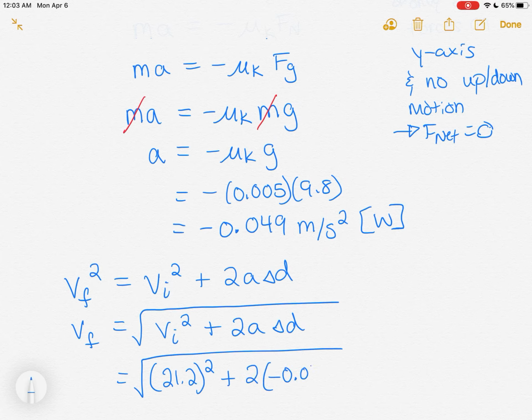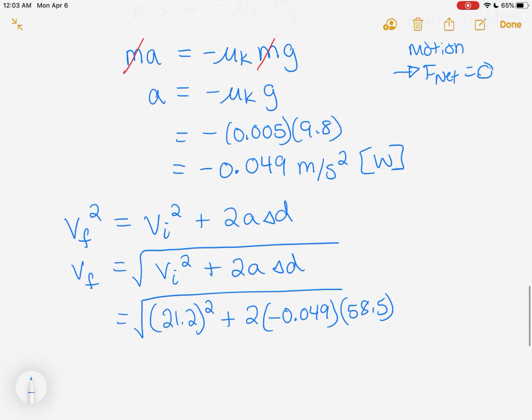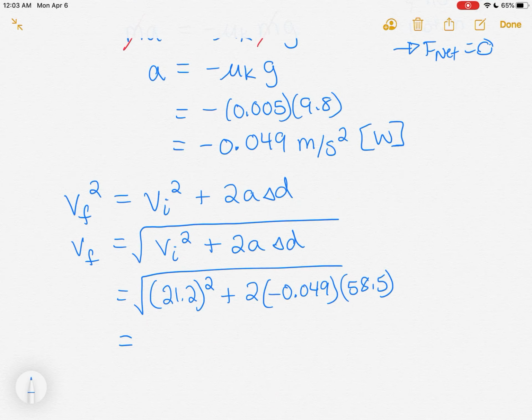And then my acceleration was negative 0.049. And the distance that I traveled was 58.5 meters. So then I'm just going to do the math there.